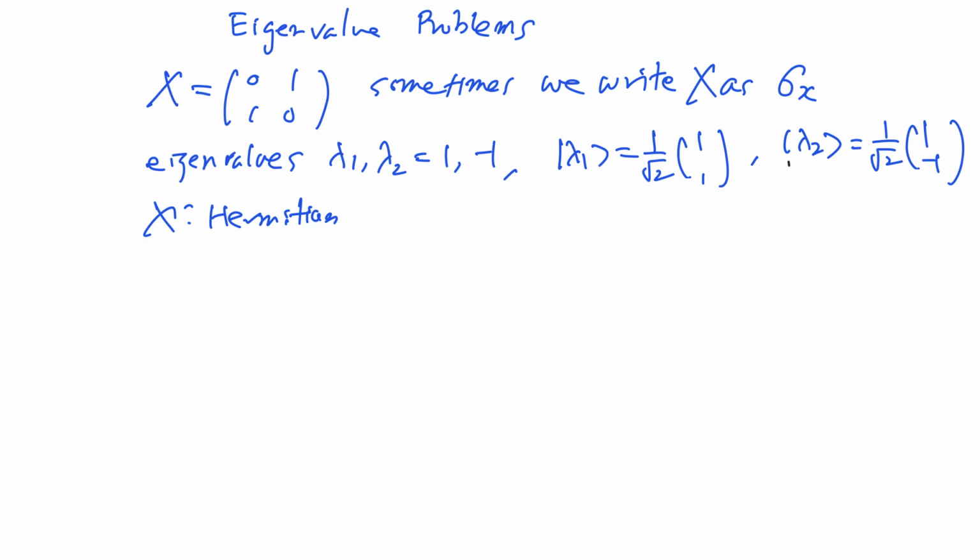So if there is X, there must be Y and Z, right? So there's another matrix, Y. Sometimes we write sigma Y, which is (0, minus I; I, 0).